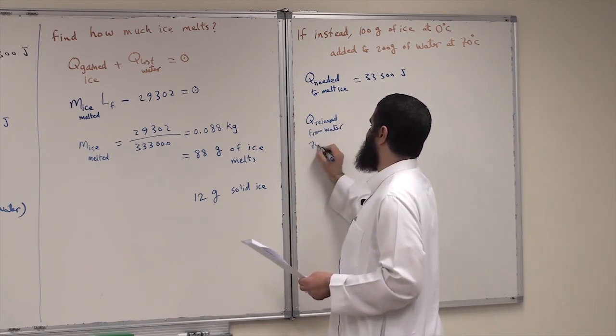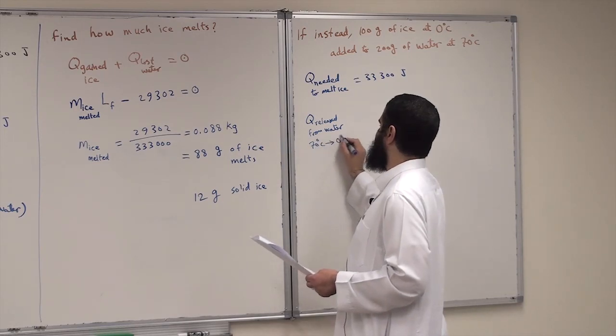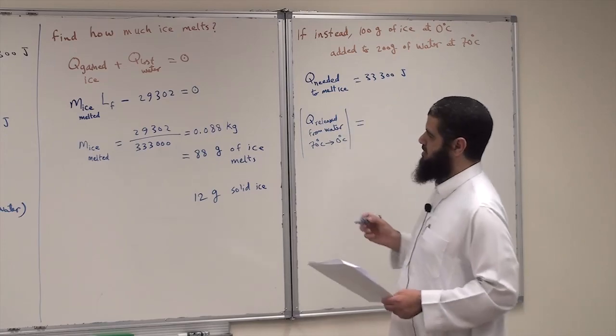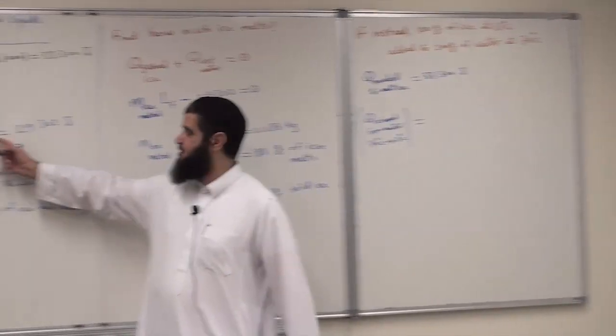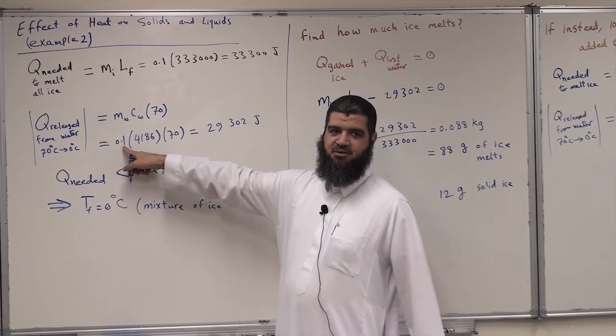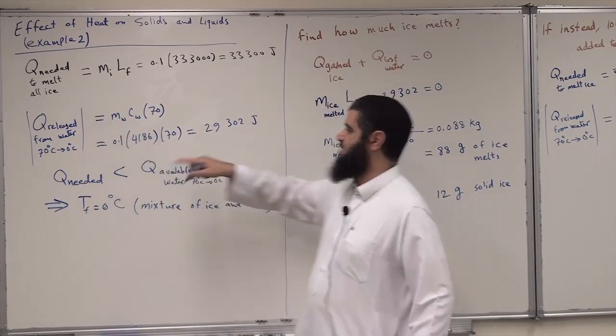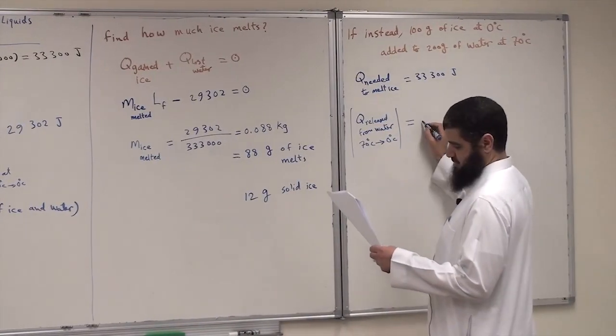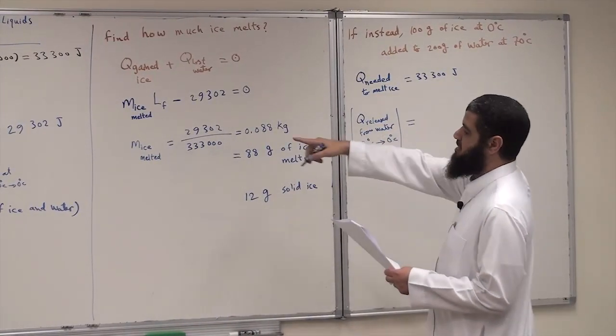The amount of heat released from water, from 70 degrees C down to 0 degrees C, is the same as we calculated before. The only difference is we replace 0.1 with 0.2 because we now have 200 grams, not 100 grams of water. So it will be double that much.